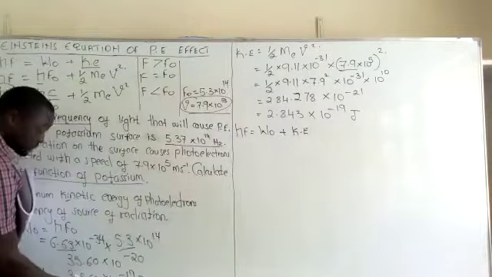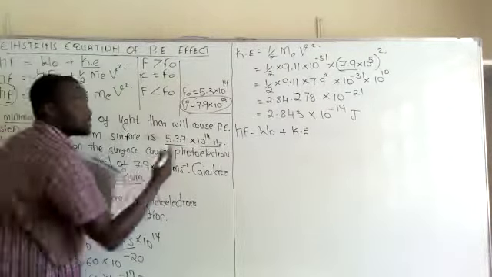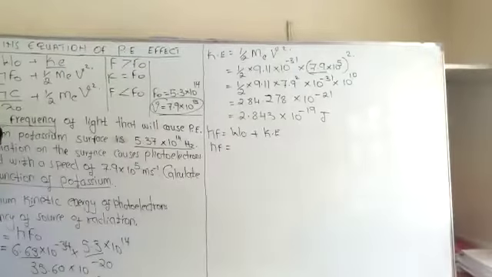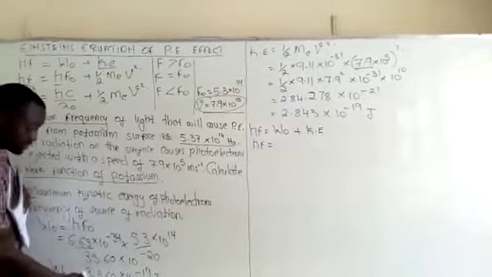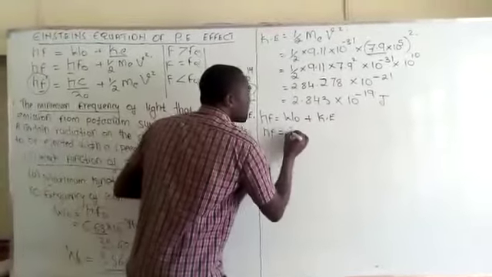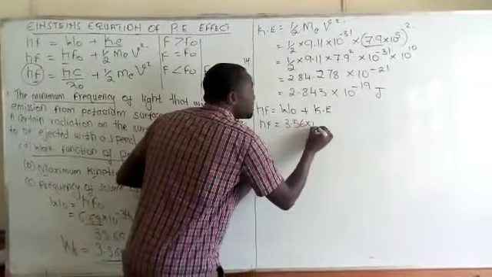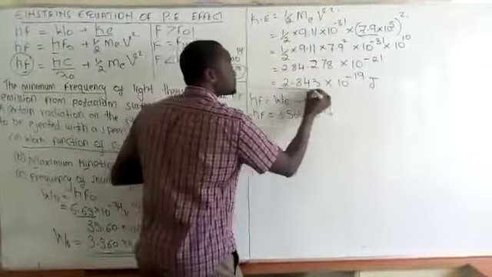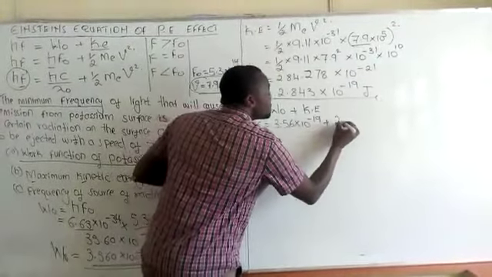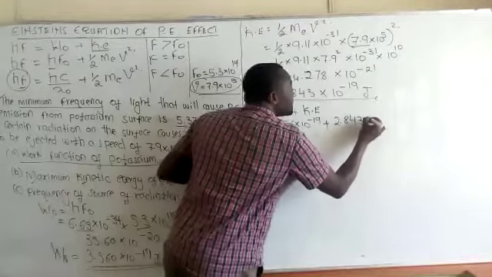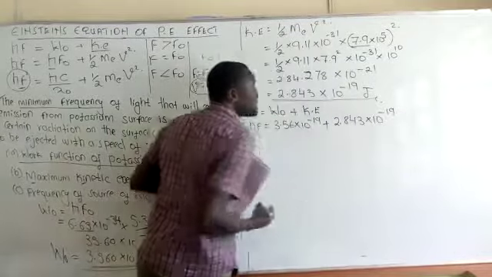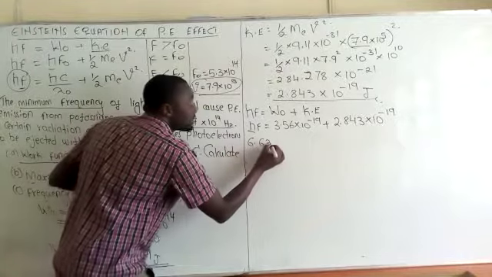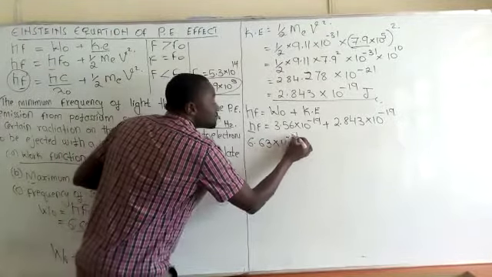Therefore, hf will be equal to the work function, which we found to be 3.56 times 10 to the power negative 19, plus the kinetic energy, which is 2.843 times 10 to the power negative 19. We already know Planck's constant, 6.63 times 10 to the power negative 34.